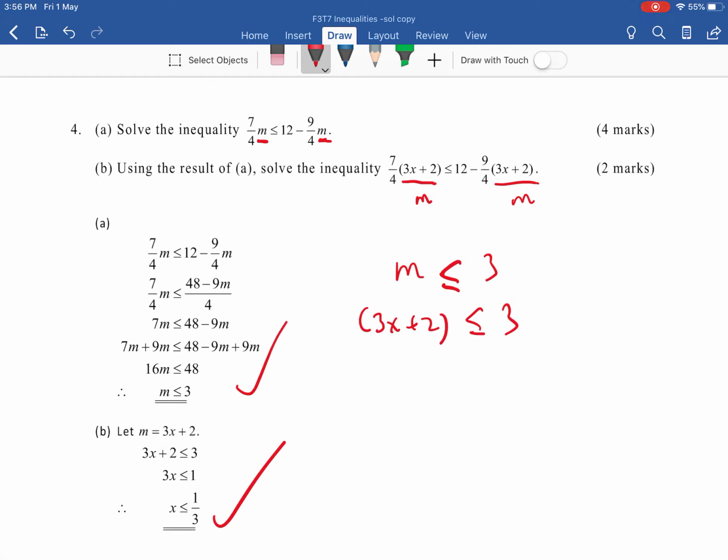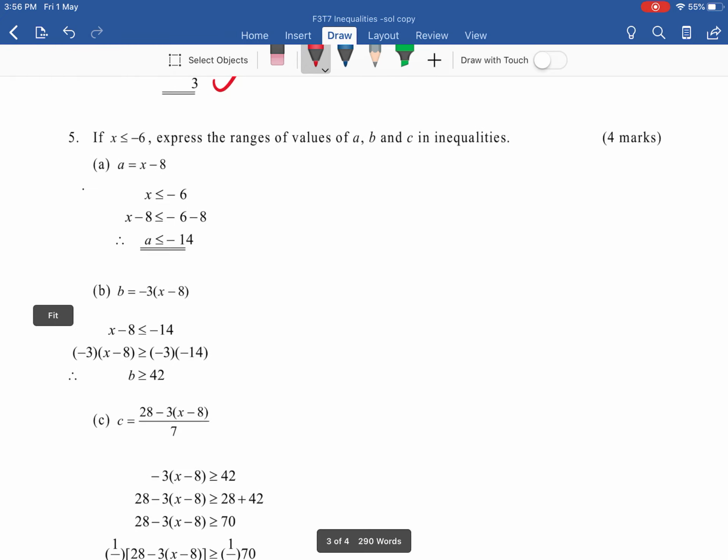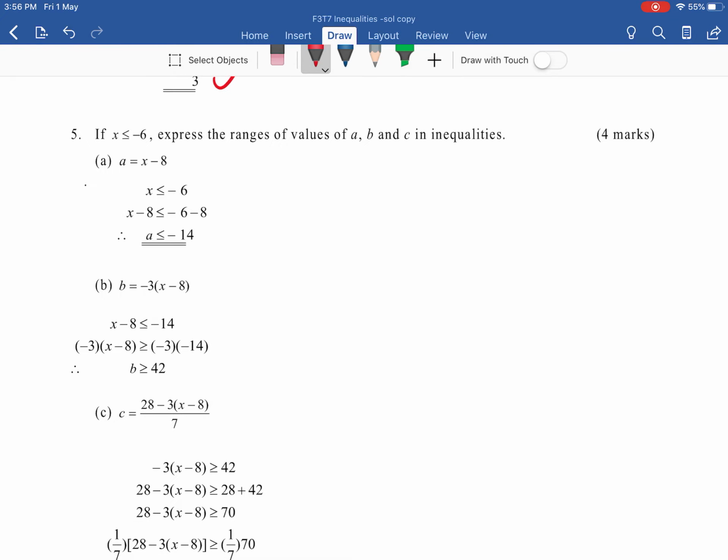And some students do it again, and then there are some careless mistakes which lead them to not solve the problem correctly. And for this question, many students did it very poorly, okay? Fortunately, it is only a few marks. Many students get part A, but for part B, they start with this one, okay?